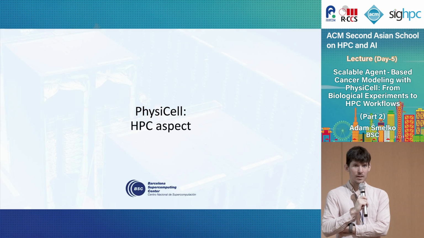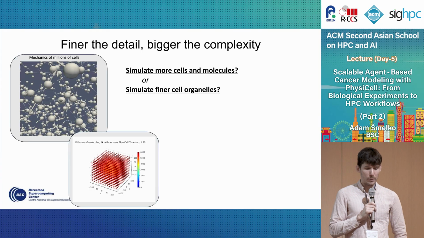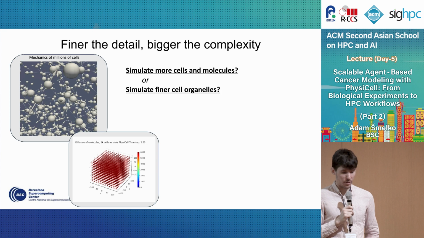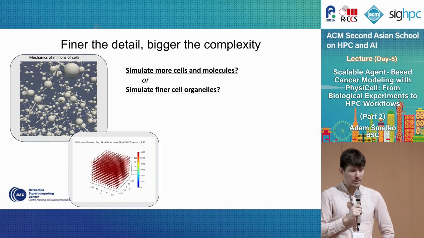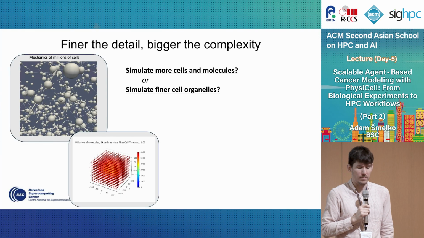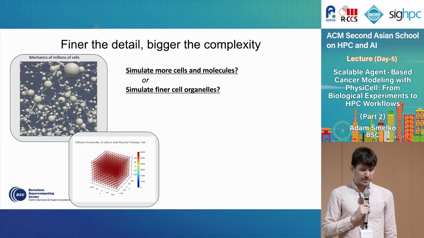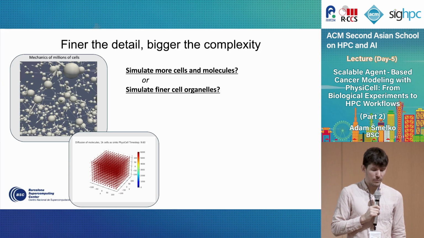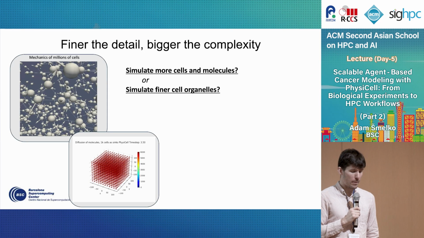No more questions? Okay, let me switch the topic a little bit and talk a little more technically about the computational and performance scaling of PhysiCell and digital twins in general. When we are building these digital twins, we face a simple dilemma.